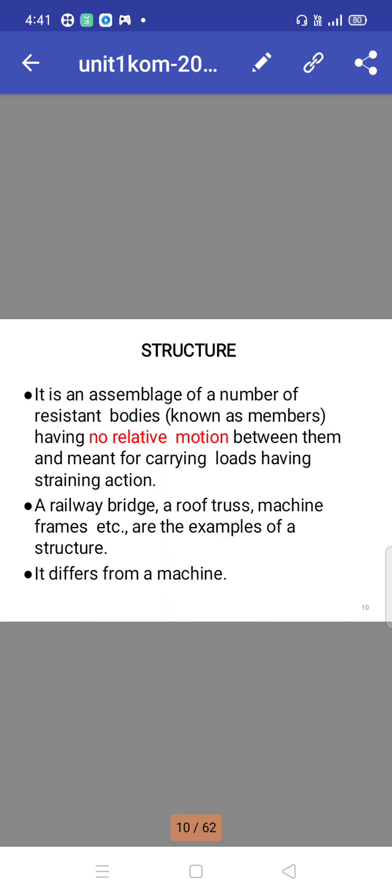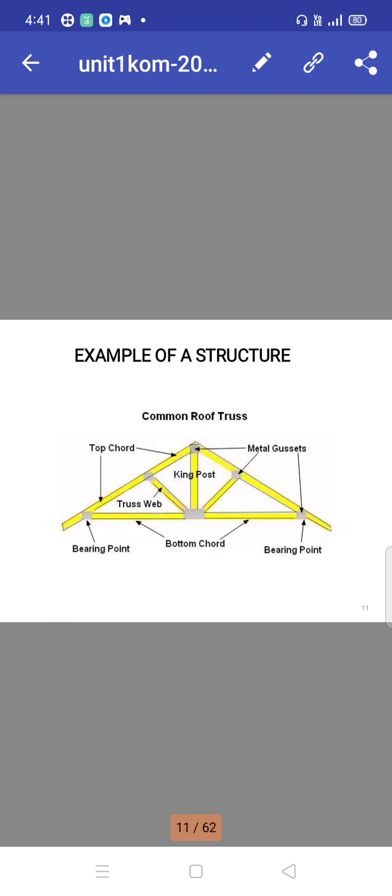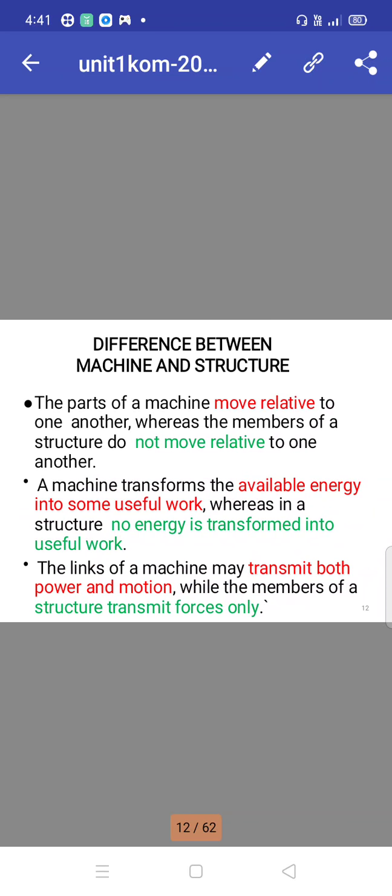It differs from a machine. This is an example of a structure: a common roof truss. It has a bearing point, bottom chord, truss web, king post, metal gussets. So these are the things in our structure.